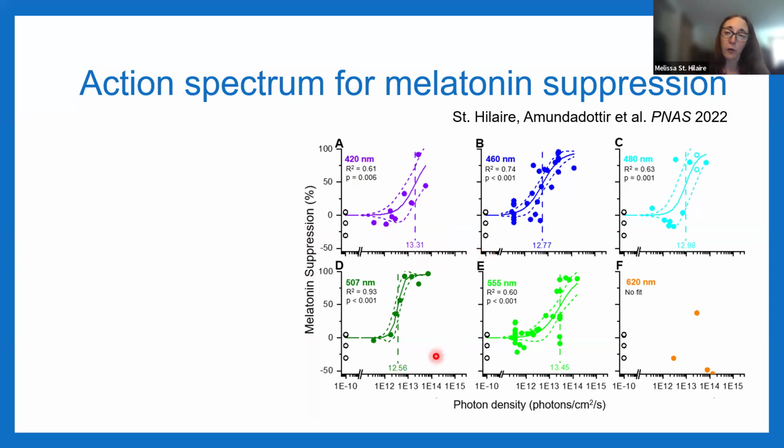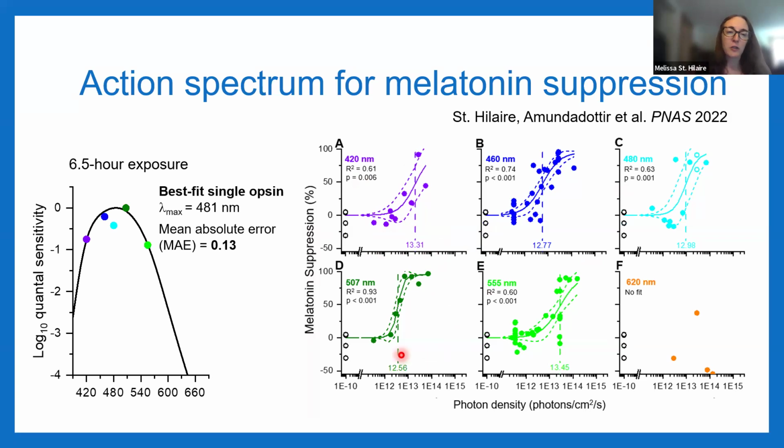What you're looking for in an action spectrum when you replot these is the one that is the lowest, and actually that happens to be at 507, which is the peak of the rod opsin. That's why we picked 507 in particular. We can't really explain right now why that one ends up being the best fit and not 480 as we might have expected.